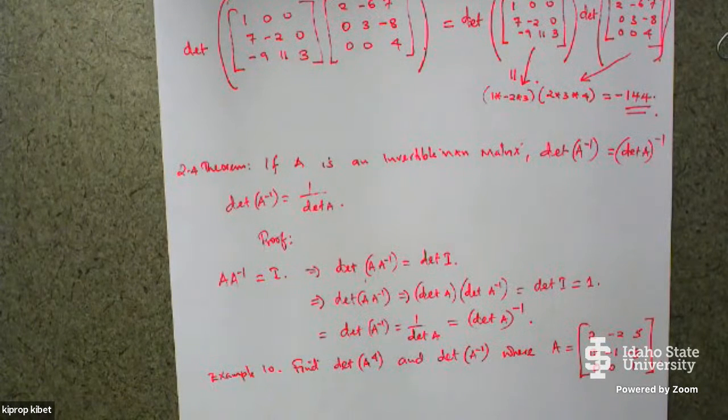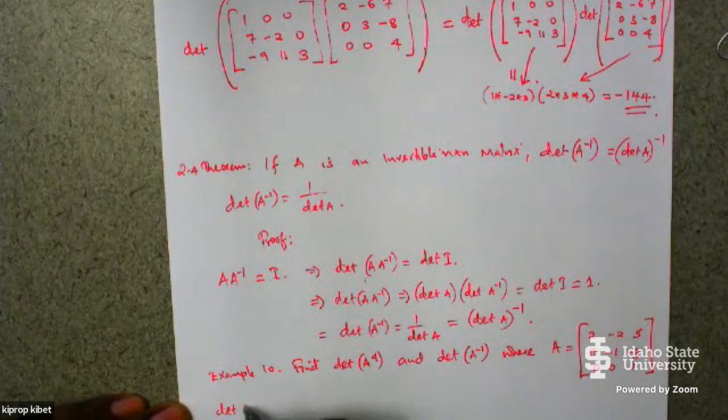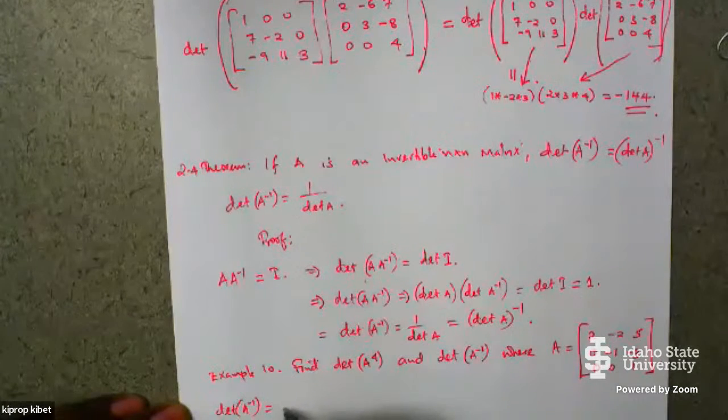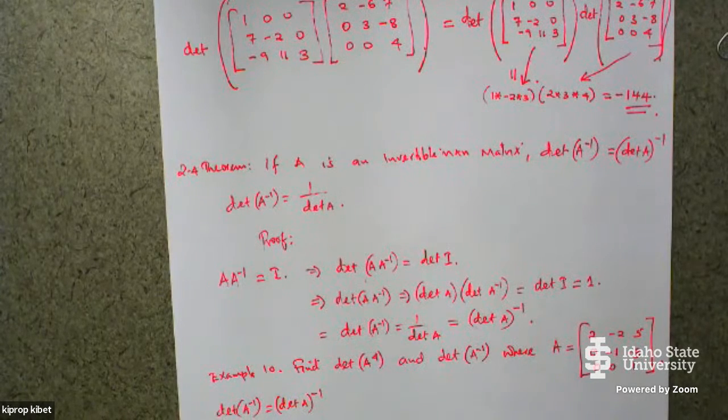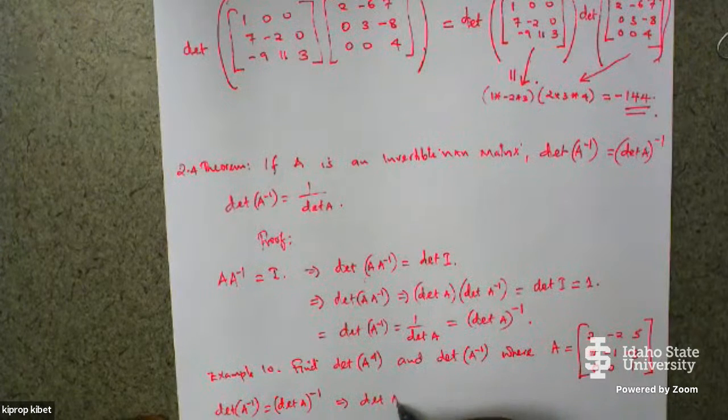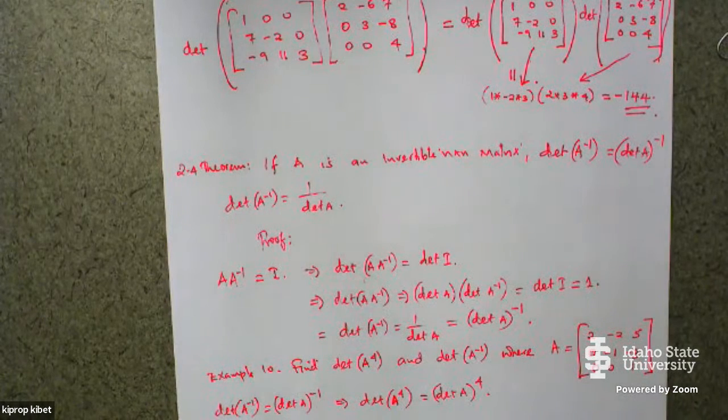Now, if you look at this, we said that the determinant of A inverse is equal to 1 over the determinant of A. And the determinant of A raised to 4 is the same as the determinant of A raised to the power 4.